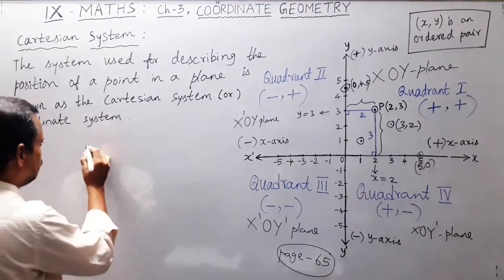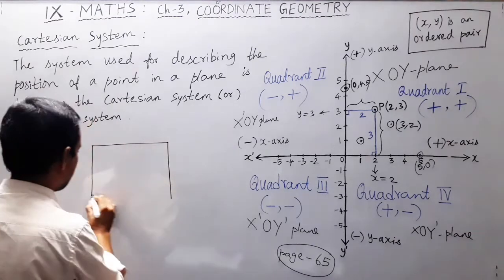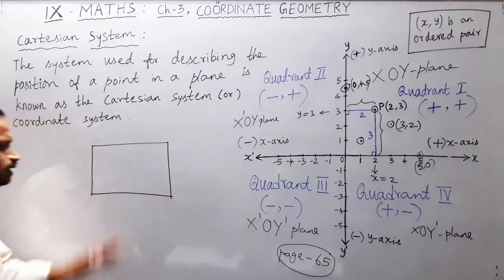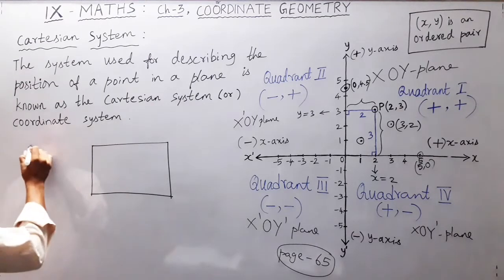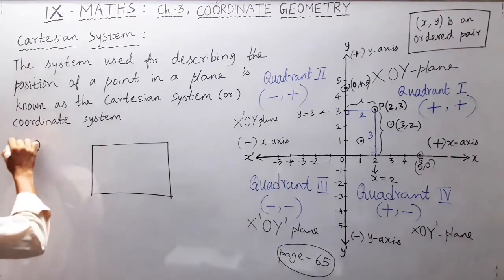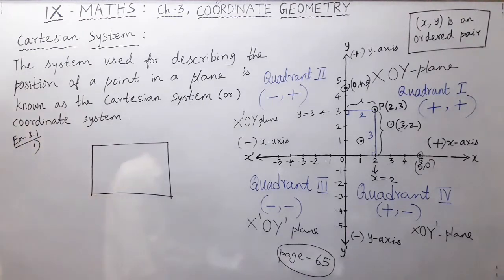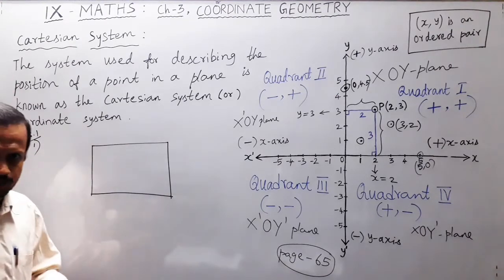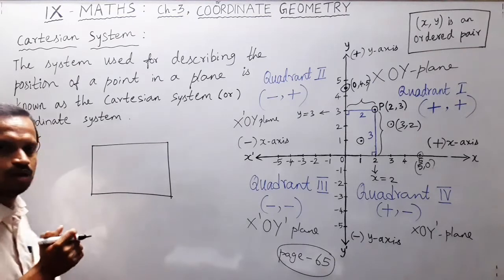You take this rectangle as the top of the table. So this is the explanation for question number 1, exercise 3.1, and this is up to you. You can take any value. The answer is not unique.